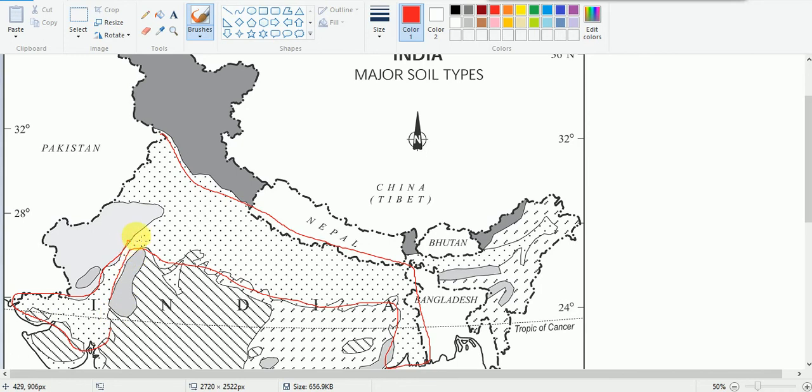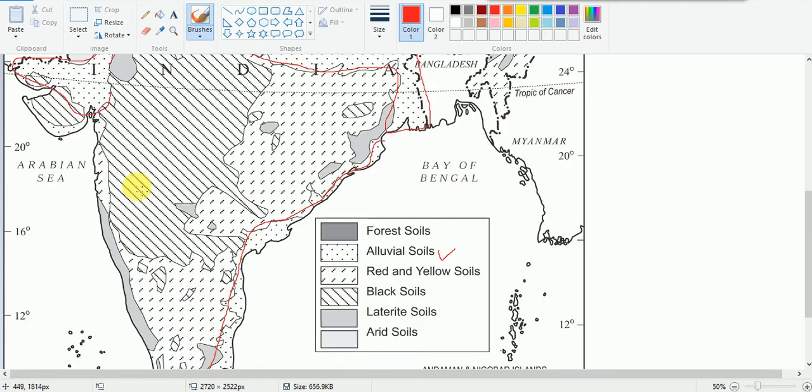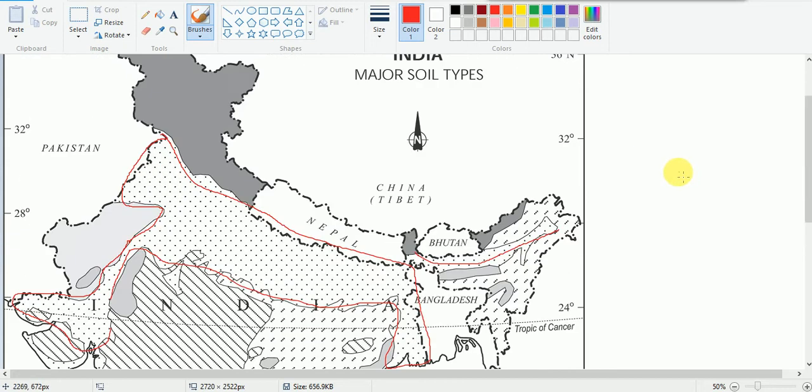And here it is in the Punjab area, in the Brahmaputra Valley and in the coastal areas. Here in the coastal areas also we find these alluvial soils.